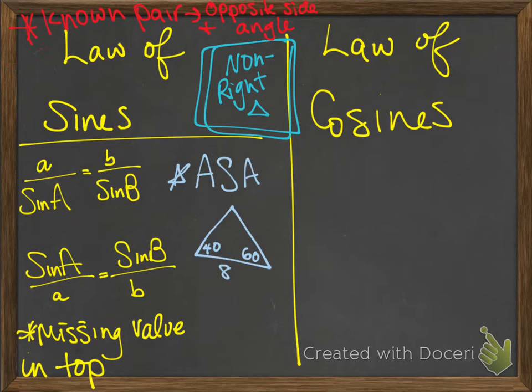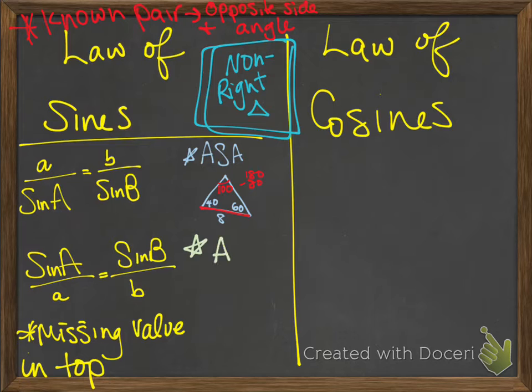So, knowing side A and angle A, or side B and angle B, or side C and angle C, whatever works. The reason this one works is because we could very easily find this angle, and it would be a known pair. You'd have 8 and that angle. We got 40 and 60, which is 80. Subtract that from 180, and this angle would be 100. So you would use these two to set up a proportion to solve for a missing side length.